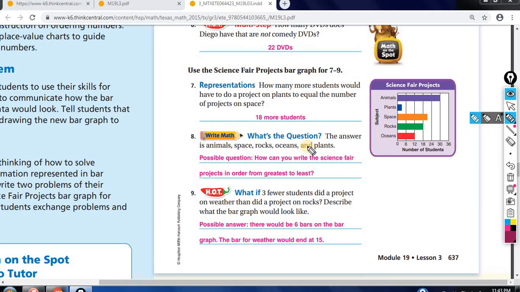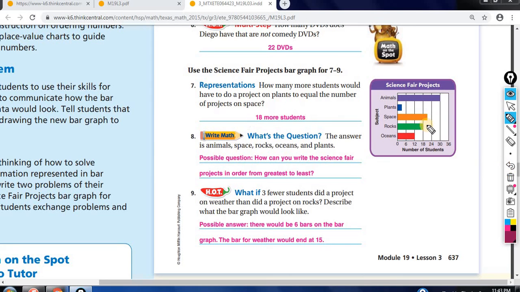So then just find out how many more students would have to do a project on plants. Plants falls halfway, there's 3 for plants. Now figure out the other one having to do with space, and space falls where? Space falls at 18. Okay, so 21. 21 minus 3, that would give you 18 more students.